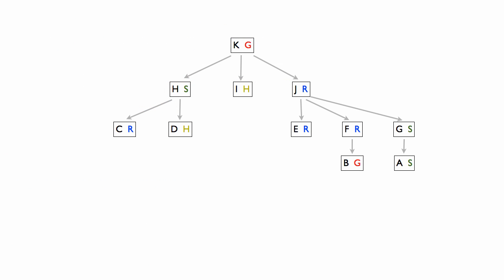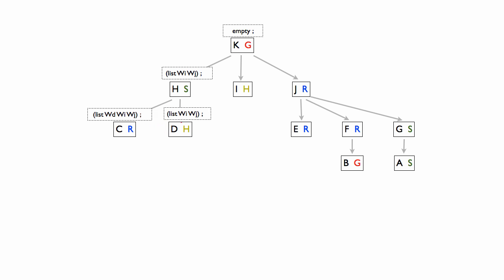Now let's talk about that worklist accumulator, that to-do list. Let's write the progression of those values as we go through the traversal. So just as we get to K, the work list is empty. By the time we get to H, the work list has I and J on it. By the time we get to C, the work list has D, I, and J on it. By the time we get to D, the work list has I and J on it.